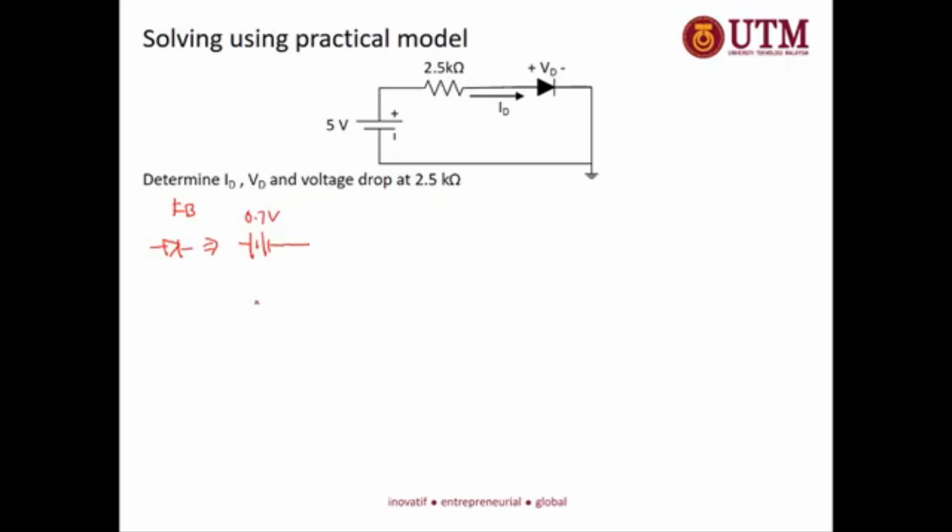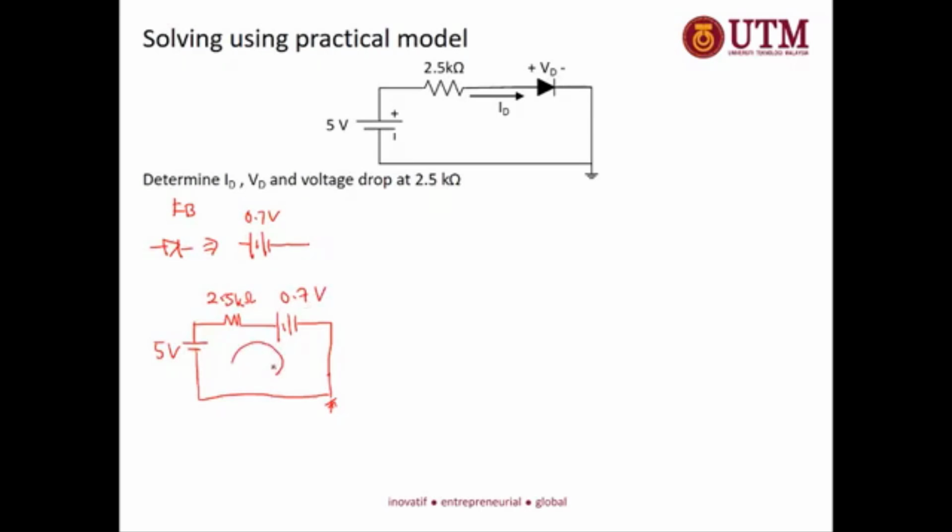So once we identify this forward bias and the model, we can redraw the circuit. This is 5 volt, 2.5 kilo ohm, and this is 0.7 volt.